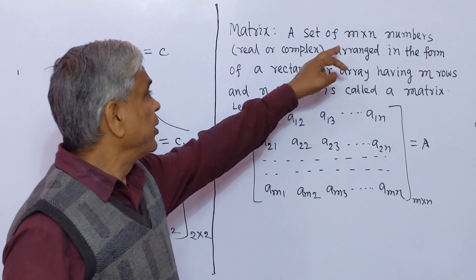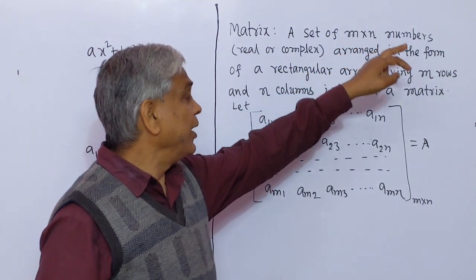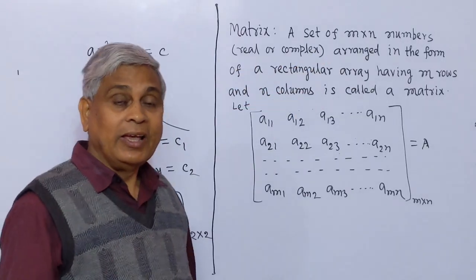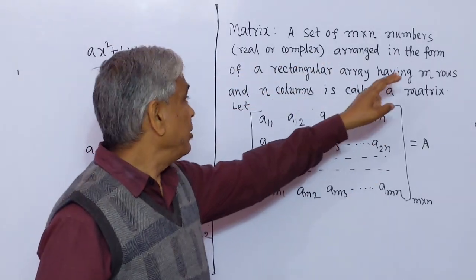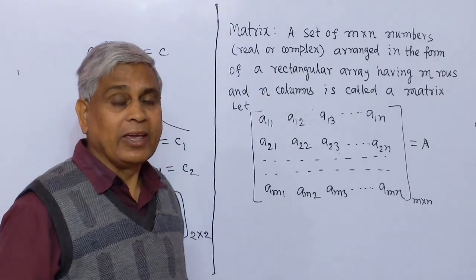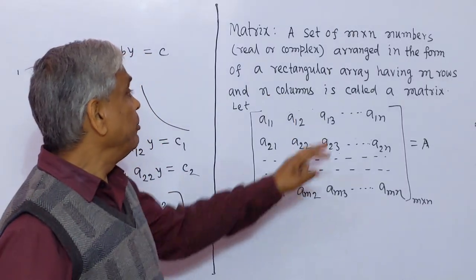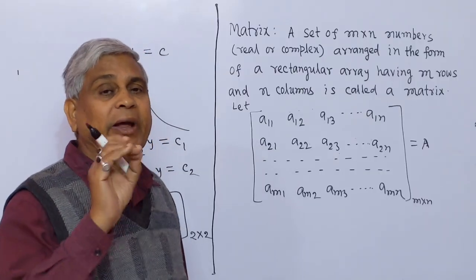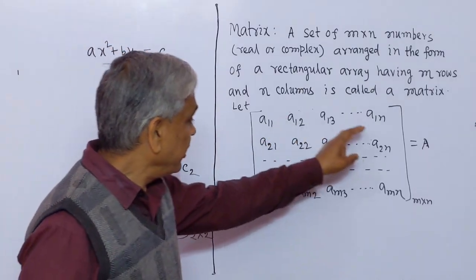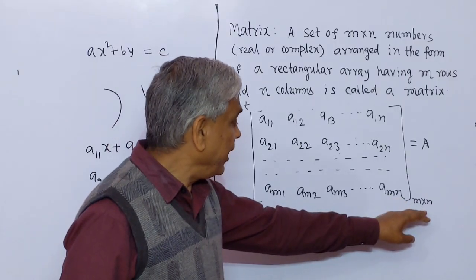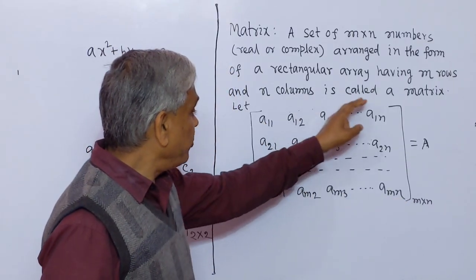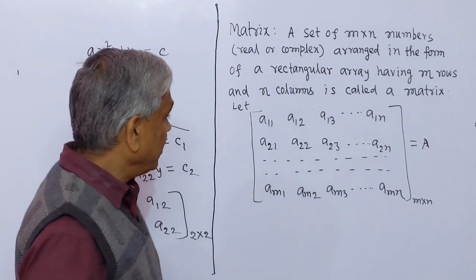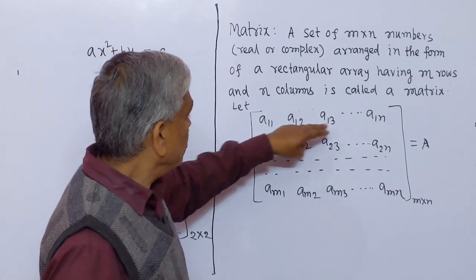A set of m multiplied by n numbers, that are either real or complex, arranged in the form of a rectangular array having m rows and n columns is called a matrix. Here we have m multiply n number of elements. They are either real or complex. This is the first row.